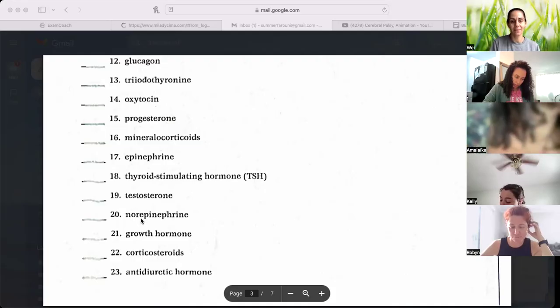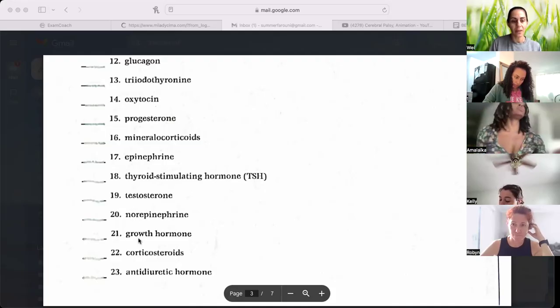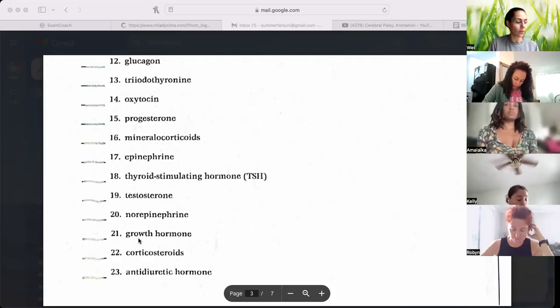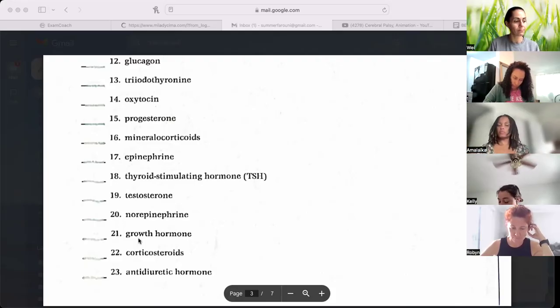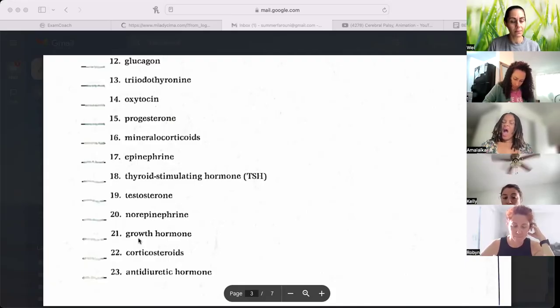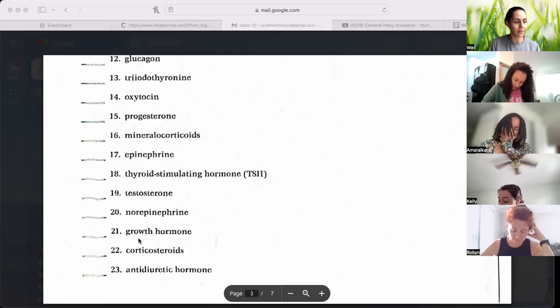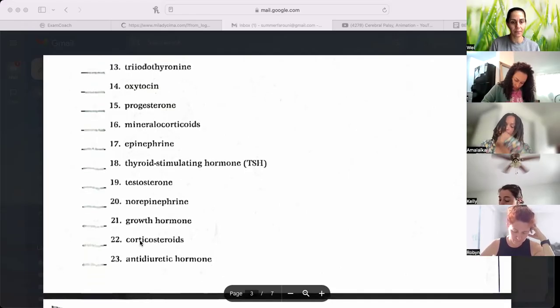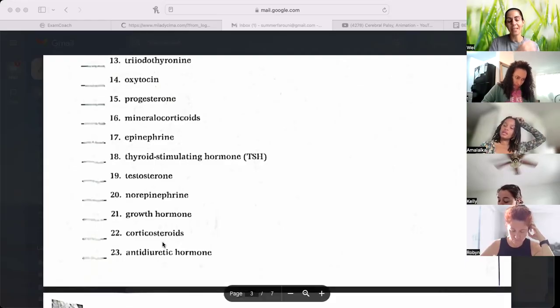Correct. They come together, these two. Okay, 21, growth hormone. C, yes. C, correct. The anterior lobe of the pituitary. Then we have corticosteroids. A, adrenal cortex.